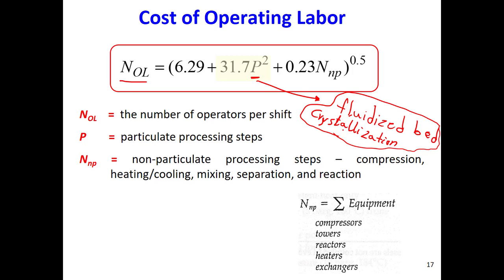But some specific equipment really needs a lot of monitoring. So particulate processing step means this type of equipment, and non-particulate processing steps can be compressors, heating, cooling, mixers, even separators like distillation columns and towers, and also some reactors. Some reactors are very simple, not like a fluidized bed reactor. They can operate without a lot of supervision.